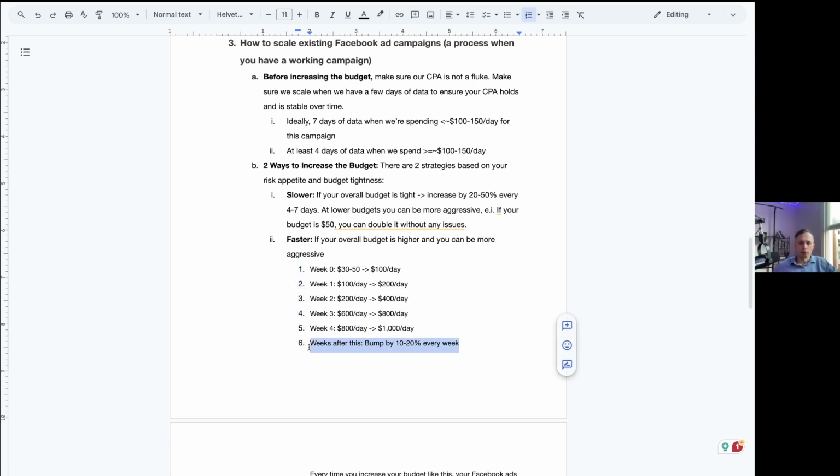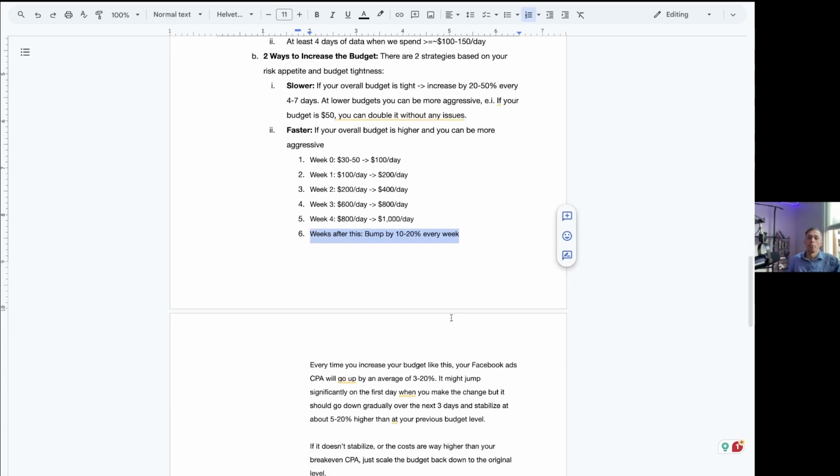And after you reach, let's say, a 1K a day budget, you can bump it by 10 to 20%. And by the way, the CPA metrics, or the CAC, the break-even customer acquisition cost metric, in the ads manager can be very misleading. So again, make sure you cross-reference it with what's actually happening in your business in terms of revenue.